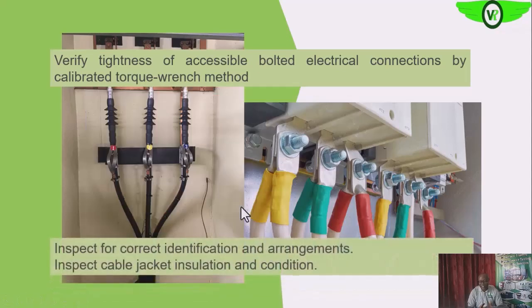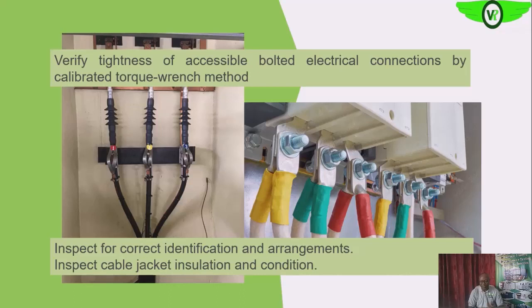So the next thing that we are going to look at is the identification of the cable. We want to be sure that the correct identification is done, okay, on each of these cables. So as you can see, we have phase markings. All the red are of different phases, the green, of course, different phases, and the yellow are of different phases.